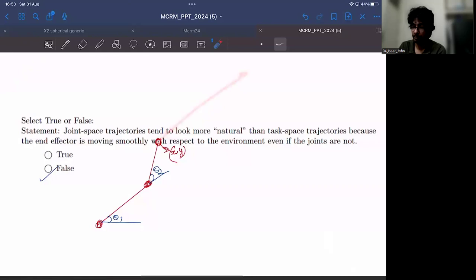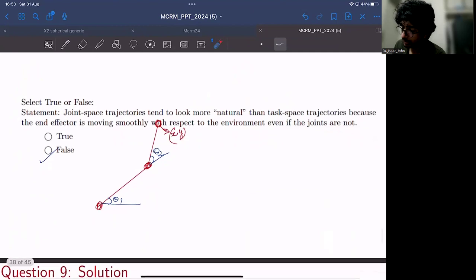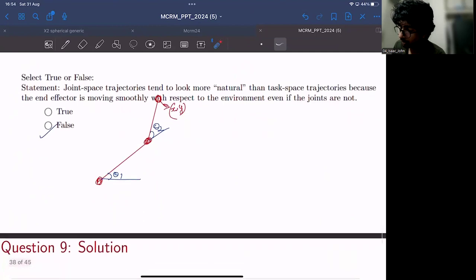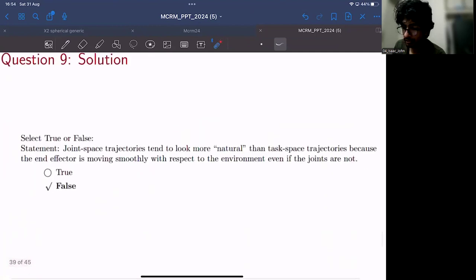But if you plan in joint space, it may go in some other way. It won't be possible to visualize how it will go from this position to this position. It'll be a bit difficult to visualize that. Yeah, so that is what the answer is. It's actually false.